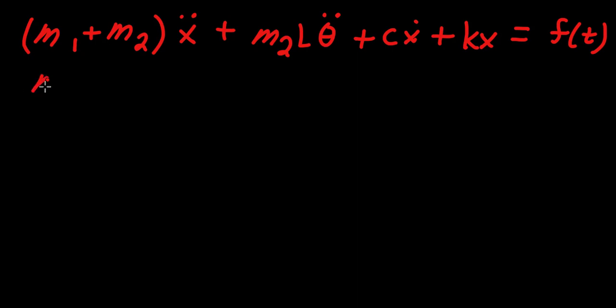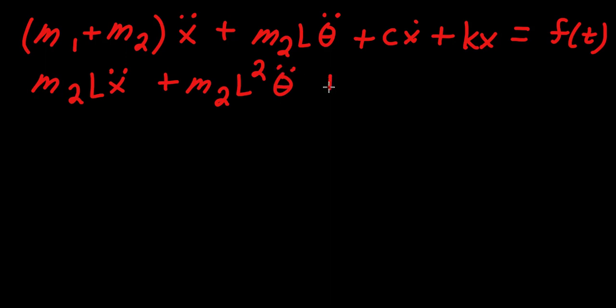And then the other equation is m2 l x double dot plus m2 l squared theta double dot plus m2 g l theta, and all of that is set equal to 0.